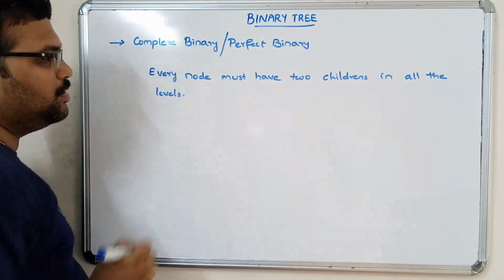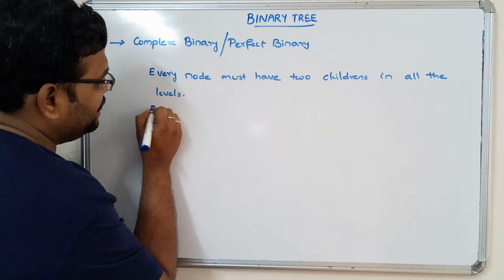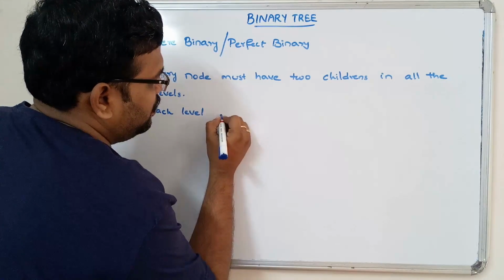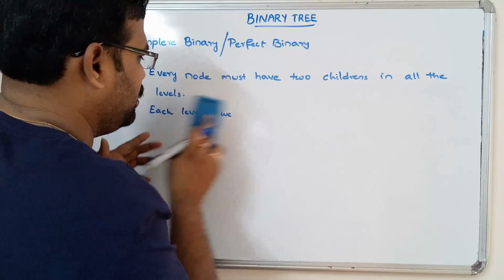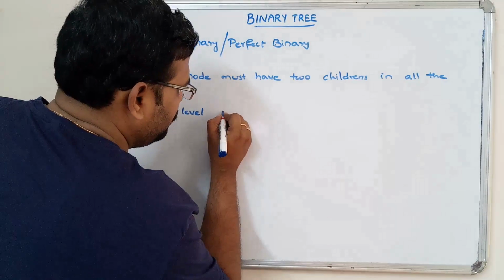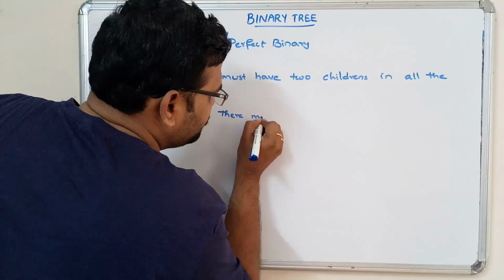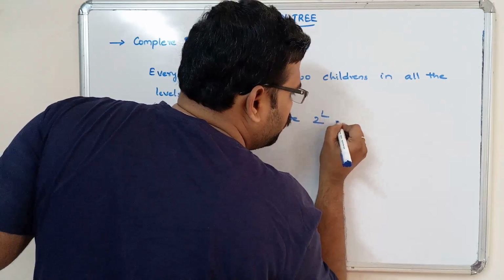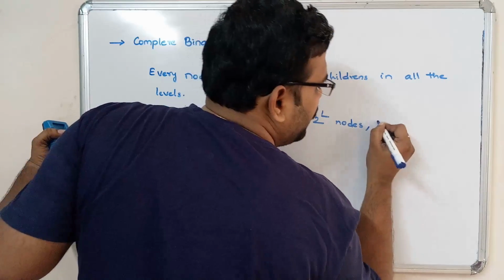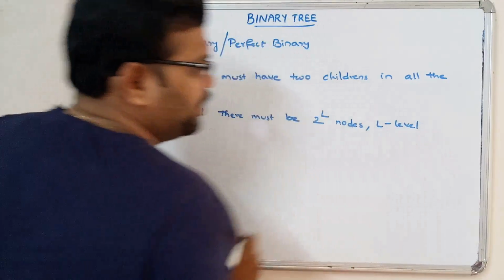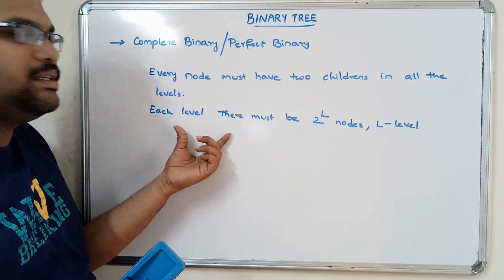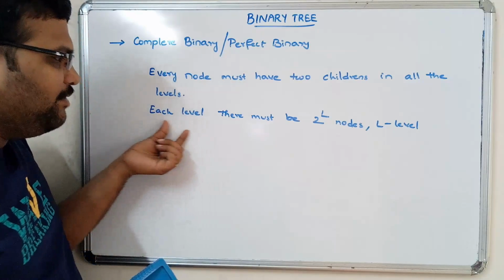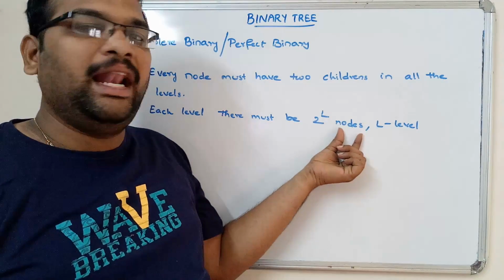Or simply we can say in each level there must be 2 power L nodes, where L is the level. If this is satisfied, then we can say the tree is a complete binary tree. That means in each level there must be 2 power L nodes.